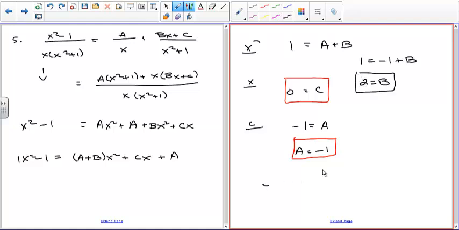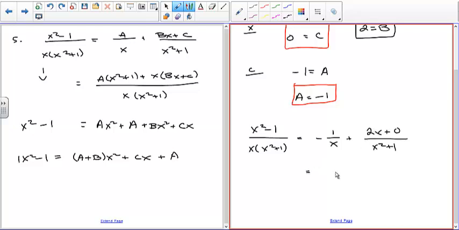So what we can do is we can take the original modified expression and plug in negative 1 for a, so we get negative 1 over x plus bx plus c. So we said b was equal to 2, so you get 2x plus c, which is 0, divided by x squared plus 1. And then we could get rid of that 0.